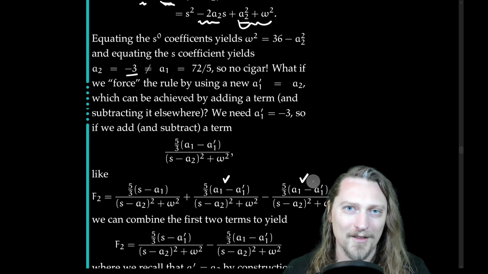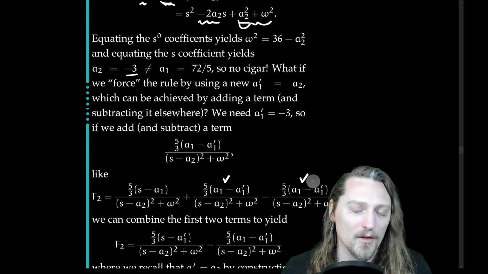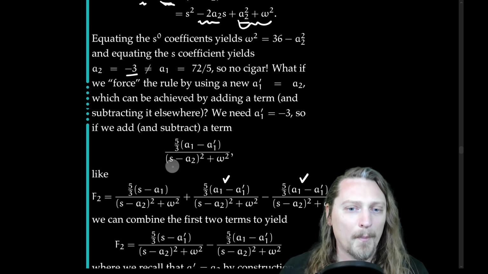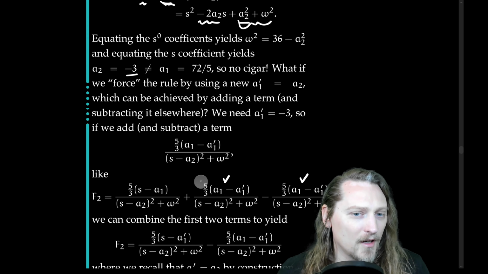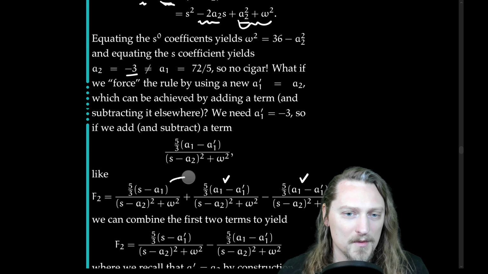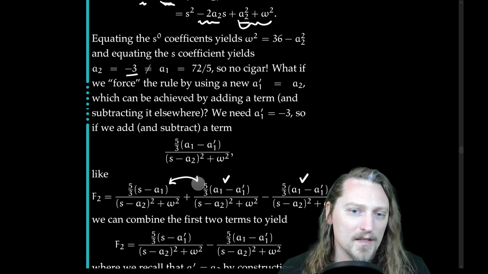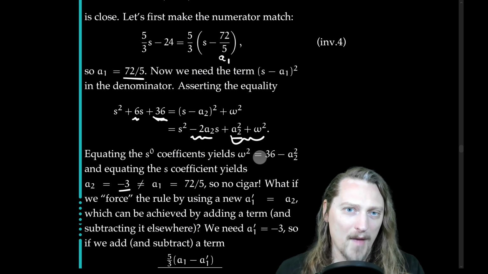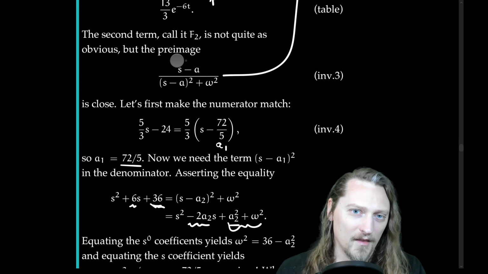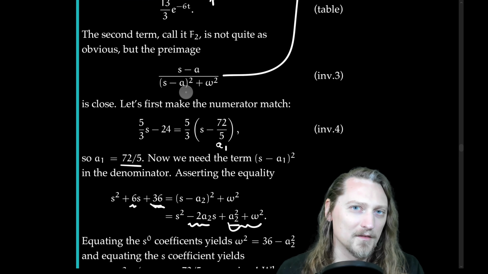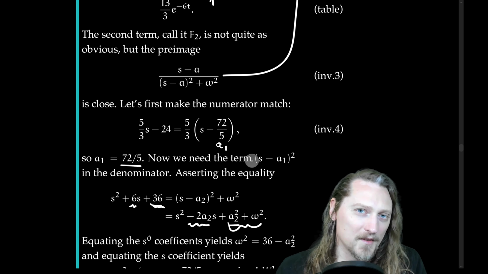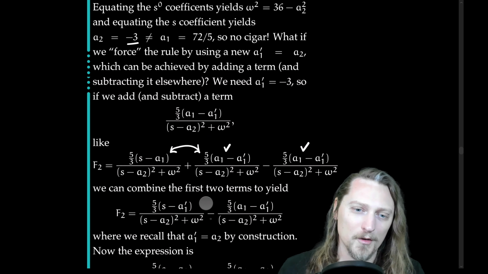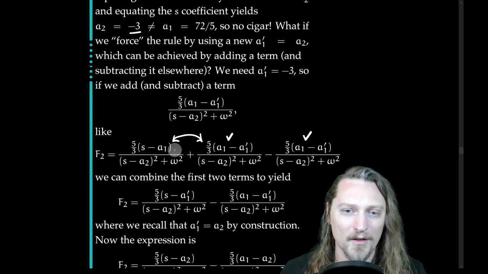Because we can't change the value of f2. So we added it and we subtracted it. So now, by construction, when we add these two terms together, we're going to get an expression that matches perfectly this table value, all right? So we've got this extra term that popped up, but at least we've forced that one term to work for us.